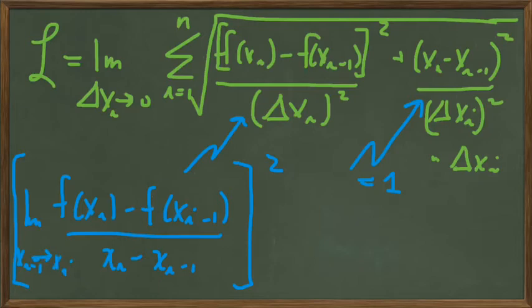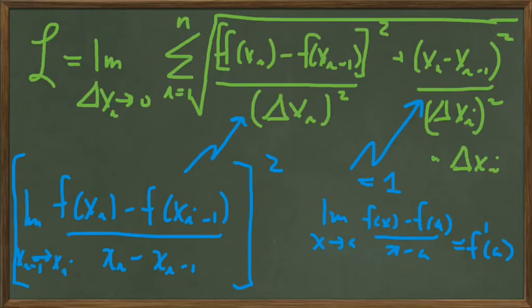It should look like a derivative formula we learned in Calculus 1. It should look like this, right? The limit as x goes to a of f of x minus f of a over x minus a. In Calculus 1 we called that f prime of a, right?